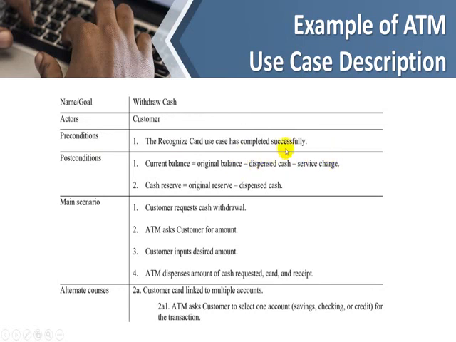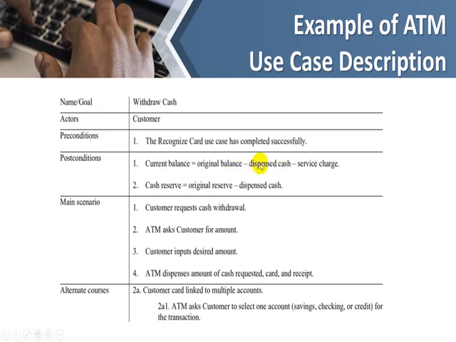This is checking whether we have got the balance accordingly. That is the balance that was there, how much I withdrew, and the service charges. That will become my current balance. If it was 1000 rupees and I took 500 rupees, that was the dispensed cash.